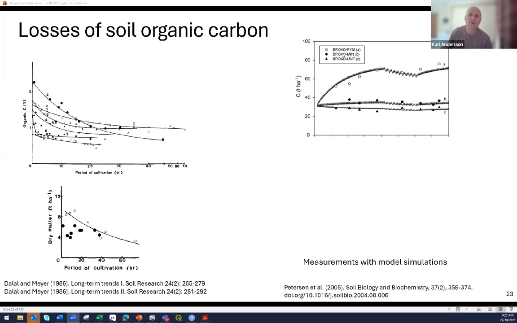This one that's gone up in the open circle is where farmyard manures have been applied to the system. So they've been added in, and then when they were withheld, it dropped, and when they started again, it climbed up. And that's a pattern that we can see.